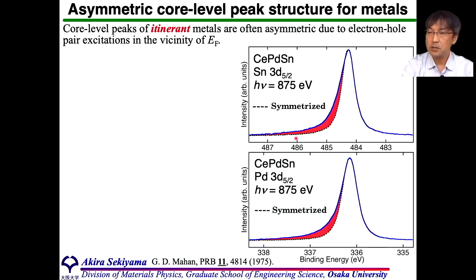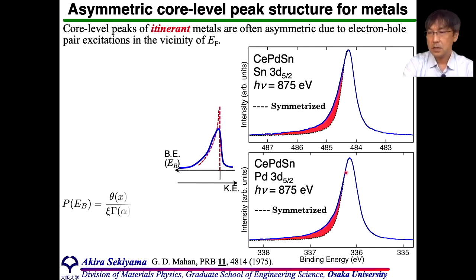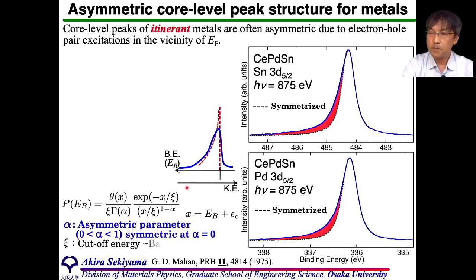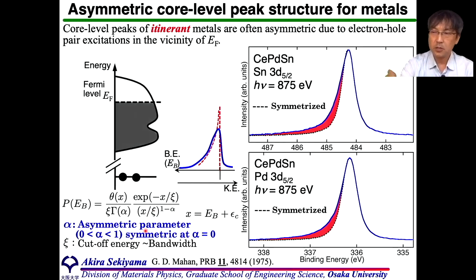This black dashed line indicates the symmetrized line shape of the lower binding energy structure. So you can notice that an asymmetric structure is seen like this. This line shape is expressed by this formula, where a so-called electron-hole pair is created, located at the Fermi level. The situation is like this.